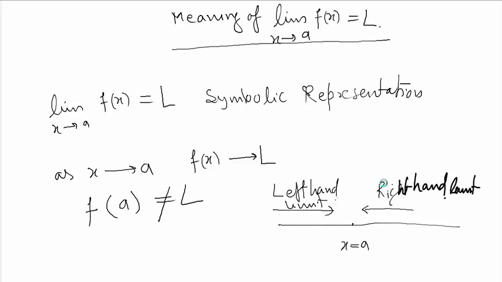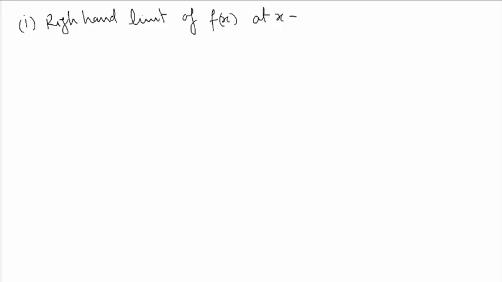Right hand limit means approaching from the right of a, and left hand limit is approaching from the left side. So let us move on to the next concept, that is right hand limit of f of x at x equal to a.